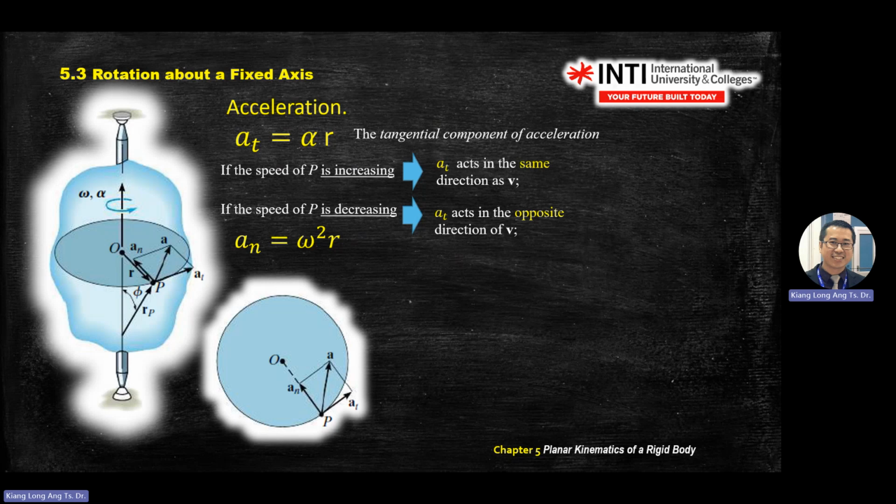But if the speed slows down, at will be opposite to the direction of v, because your acceleration becomes negative already. Here it's the same: an is always pointing towards the center of the circle.